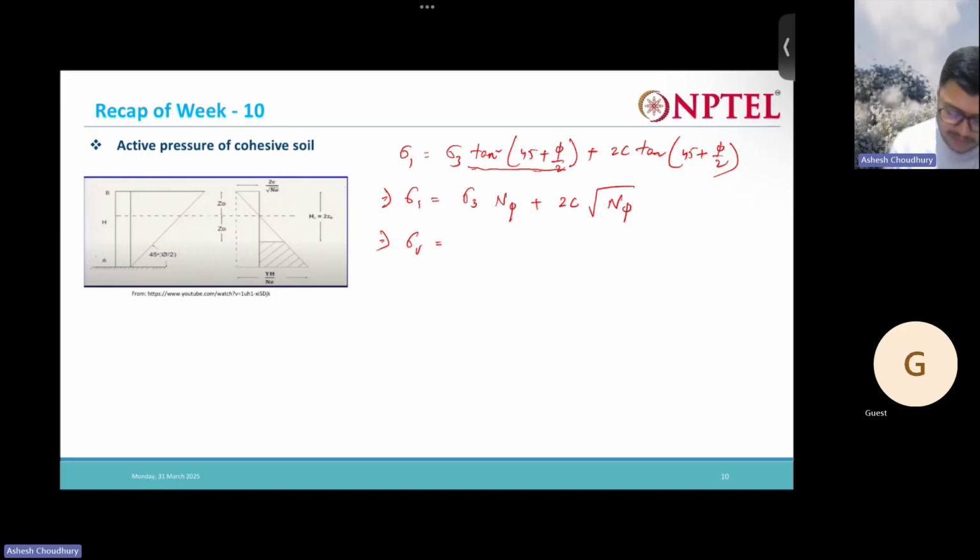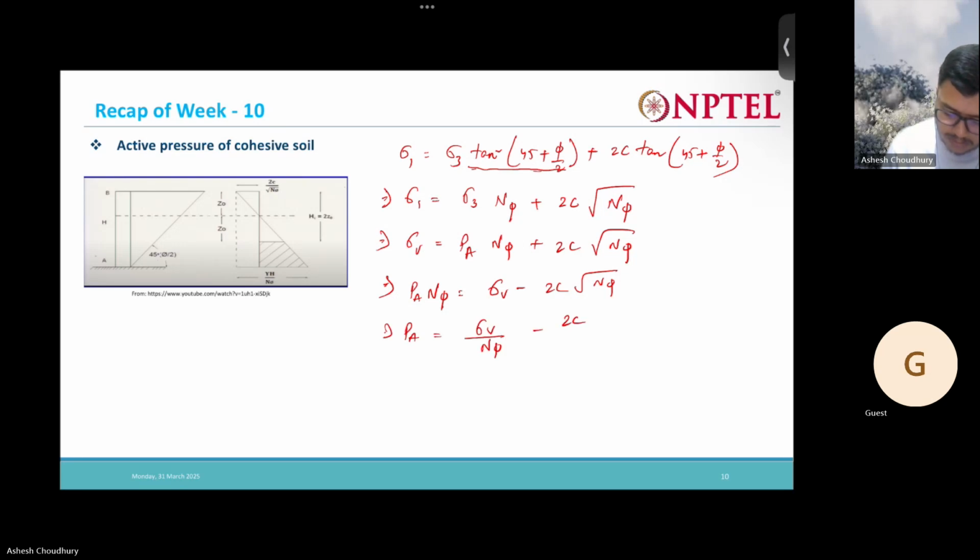It gives you active. Sigma V is sigma 1, PA equals gamma z by N phi minus 2c by root over N phi.